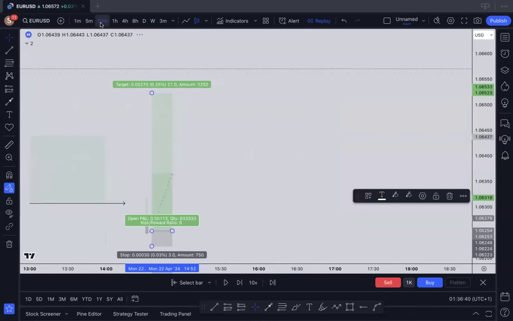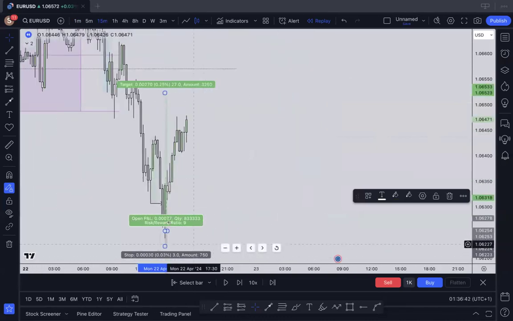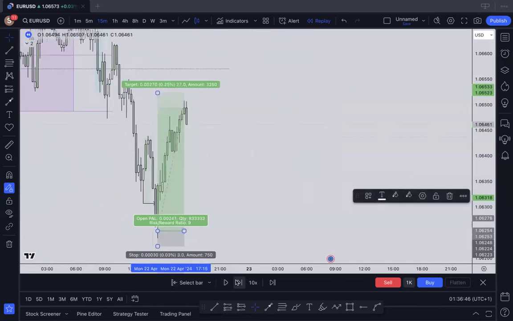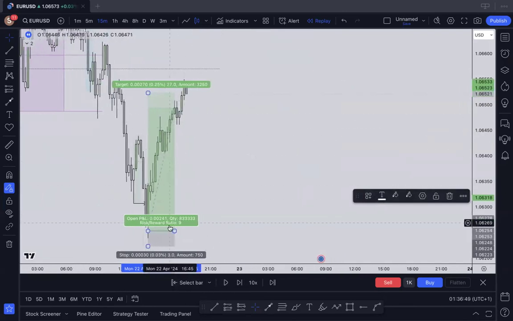Eventually. There you go. So that's how we do entry. In the next video, I'm going to be showing you how we piece together each part of the strategy.